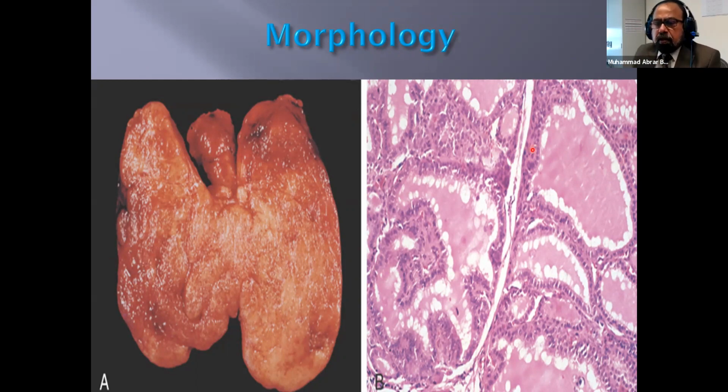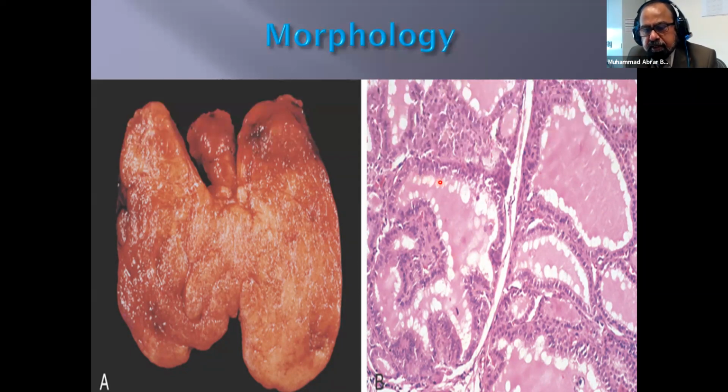So this is the histological picture. You see these follicles. Some follicles are proliferating and forming papillae which come into the follicular lumen, but they do not have a stalk as you see in a true papillary lesion. They have this colloid material.